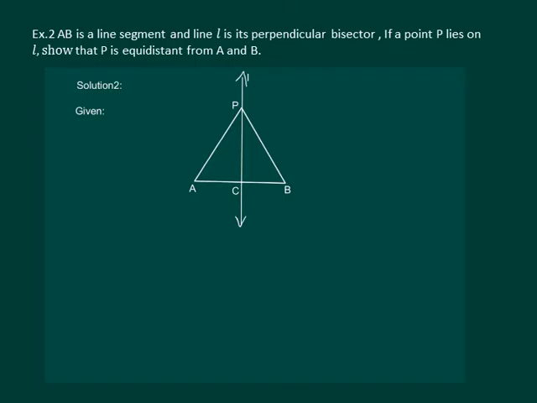We are given that L is perpendicular to line segment AB and it passes through C. That means C is the midpoint of AB and AC is equal to BC. We have to prove that PA is equal to PB.